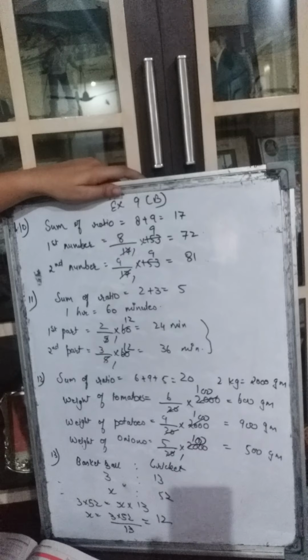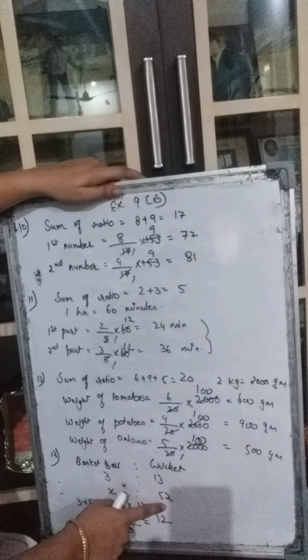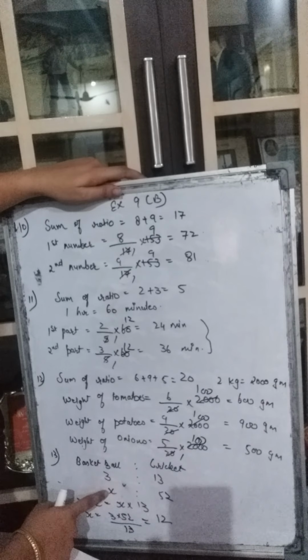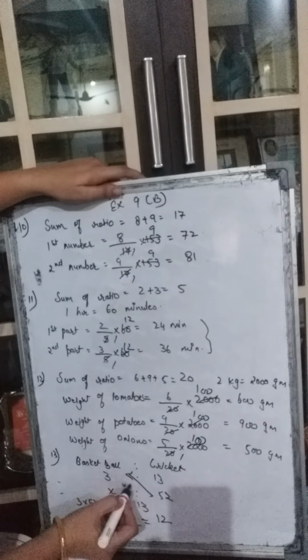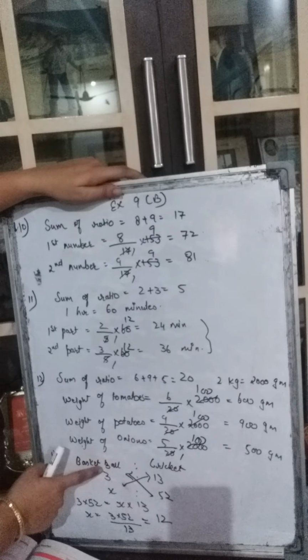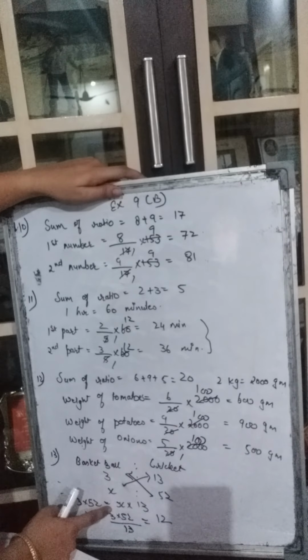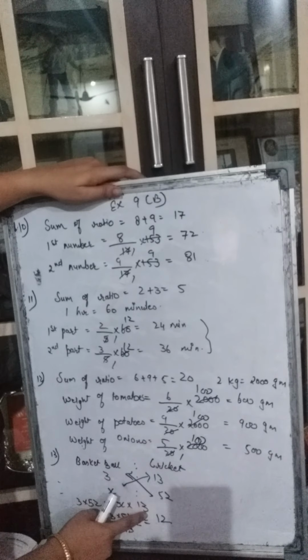Now they say that the number of students enrolled for cricket is 52. So write 52 under the cricket only. What is the number of students enrolled for basketball? We do not know. Write x here. Now do the cross multiplication. Simple. Go up, arrow will go up. So this 52 will come this side. So 3 into 52 is equal to x into 13.